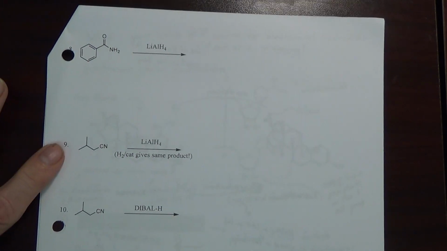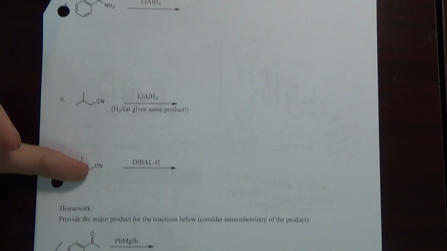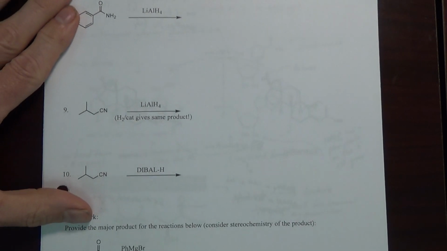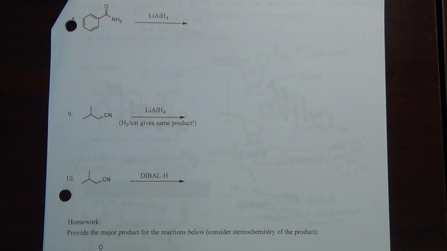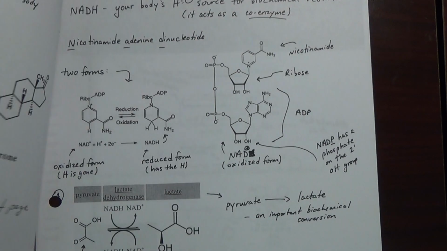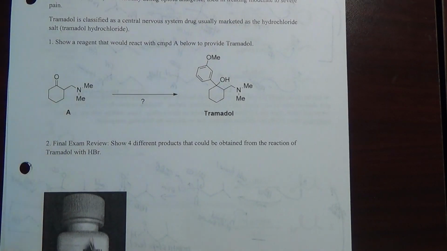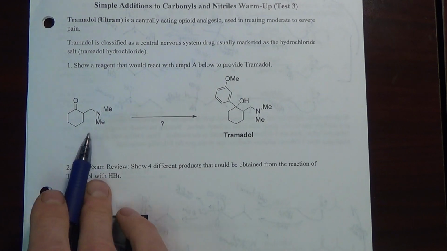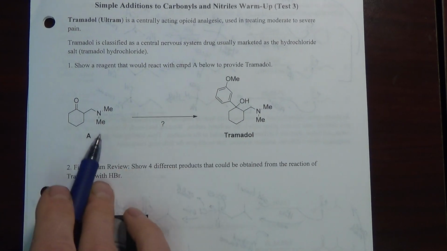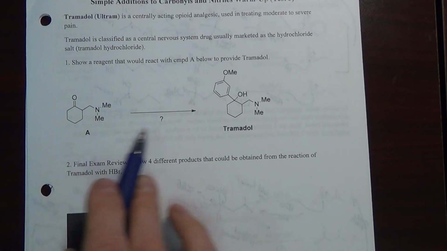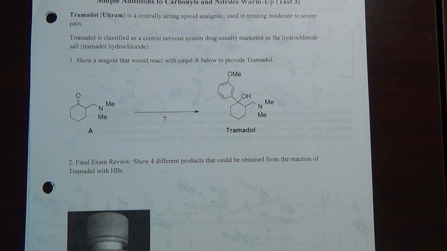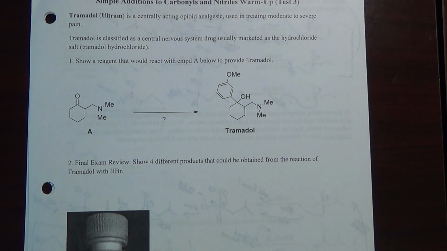The 3 reactions at the top are a little bit specialized. We'll cover those in the next video. We'll also look ahead a little bit, including this reaction here. What's needed to convert compound A into tramadol? Be a good exercise for you there.